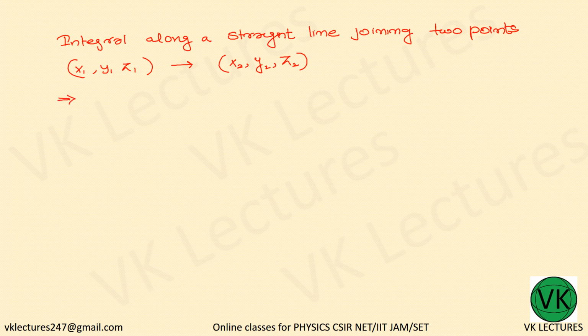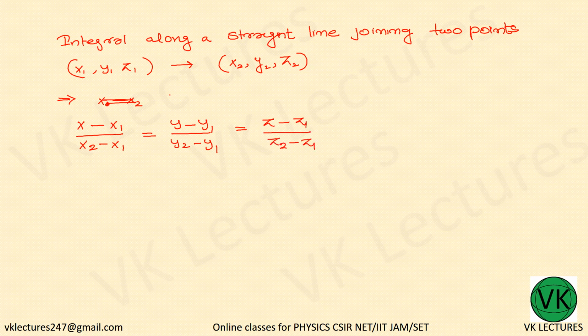We have to consider x minus x1 divided by x2 minus x1 equal to y minus y1 divided by y2 minus y1 equal to z minus z1 divided by z2 minus z1 equal to t. Okay. Now this is it.